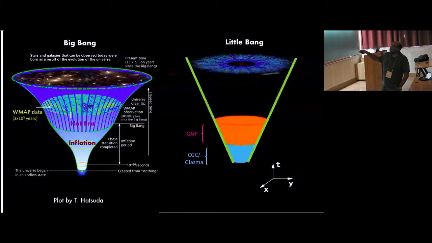And so it goes through some hot era, at about 10 to the minus 38 seconds or so, and then eventually, about 300,000 years after the Big Bang, you had the decoupling of light and matter, where you saw this microwave background radiation.